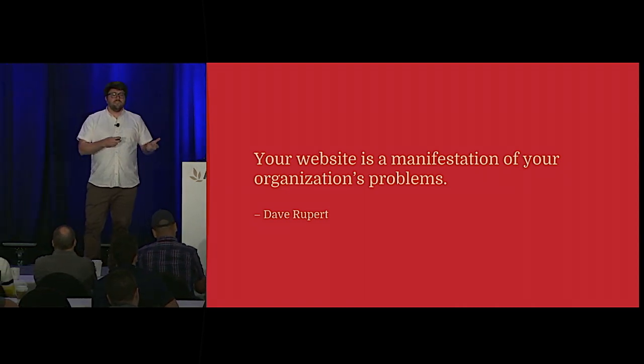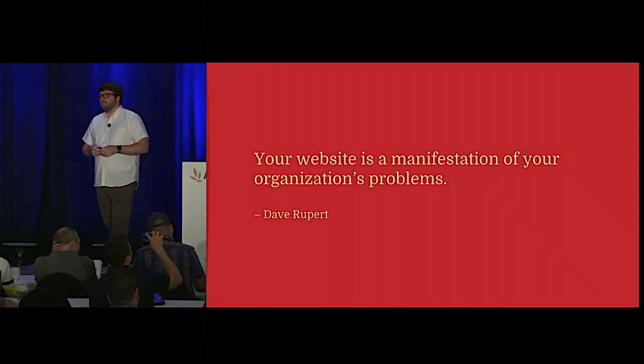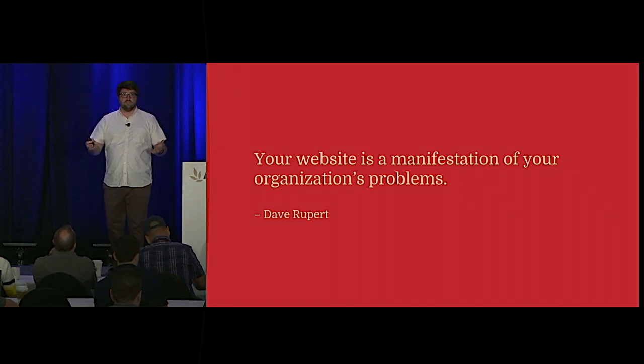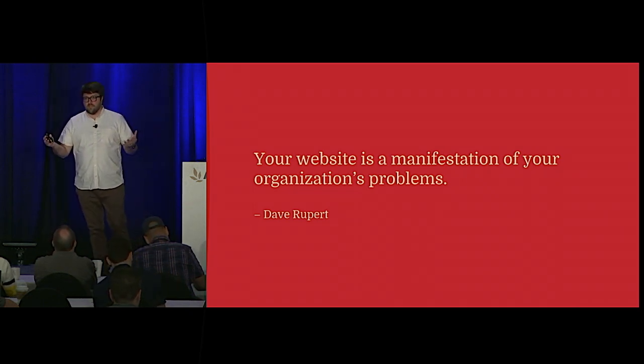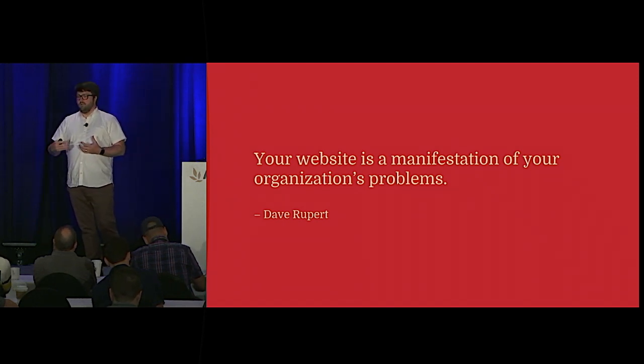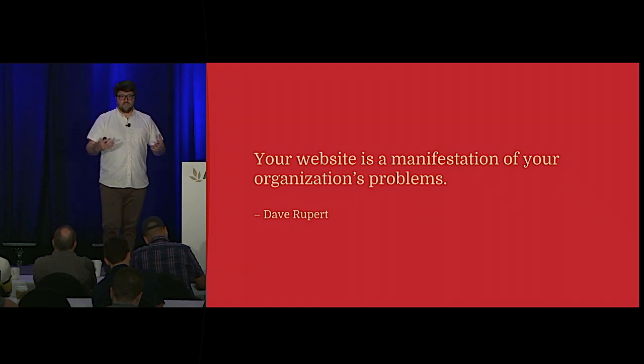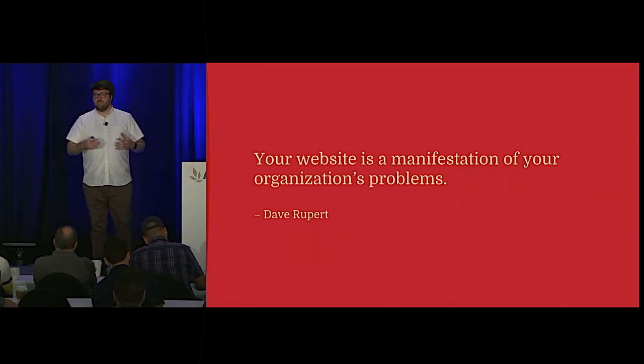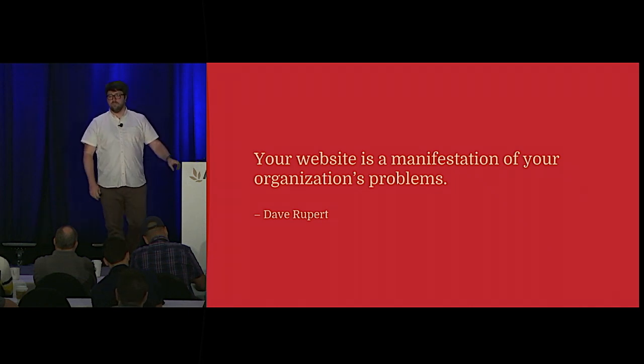And this helps me understand a lot. Why do 2 pages on the website look different? Oh, those 2 departments don't talk to each other. Or one values design and one doesn't, right? Why does everything spin around on this page? Well, the designer maybe had too much power in the waterfall. I don't know.